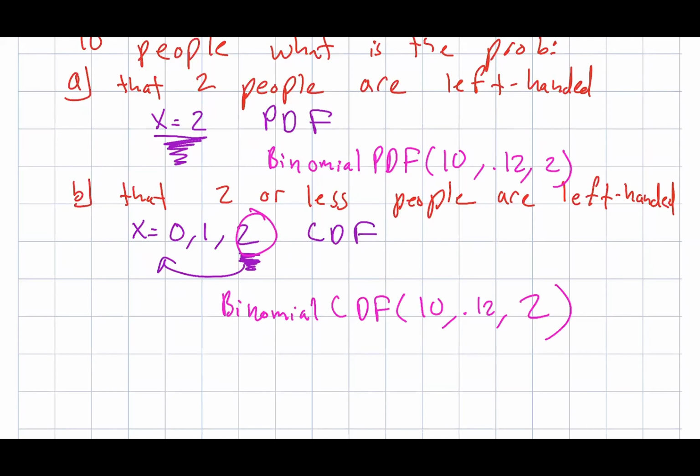Any follow-up question in regard to binomial PDF versus CDF? Thanks. Yeah, no problem.